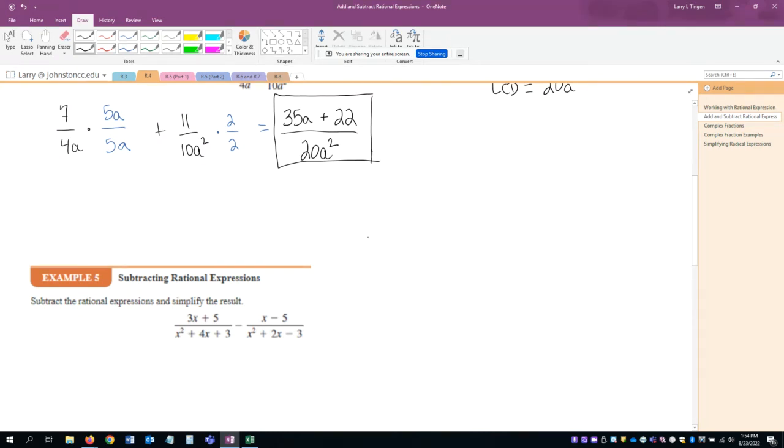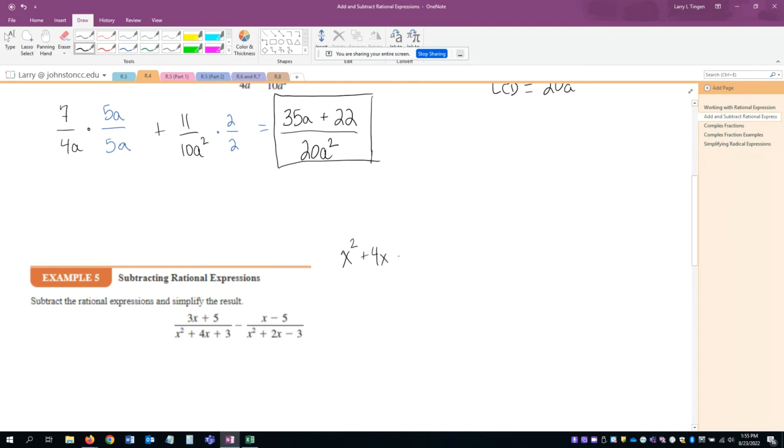First, I want to see if I have any division that I can do, right? I've got 2 rational expressions here. They're subtracted. 3x plus 5 over x squared plus 4x plus 3 minus x minus 5 over x squared plus 2x minus 3. So I'm going to jot these down up here really quick. I'm just going to grab the denominators for now.